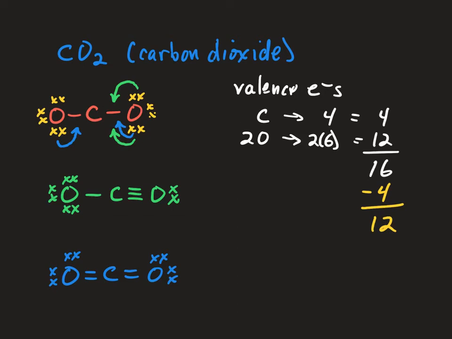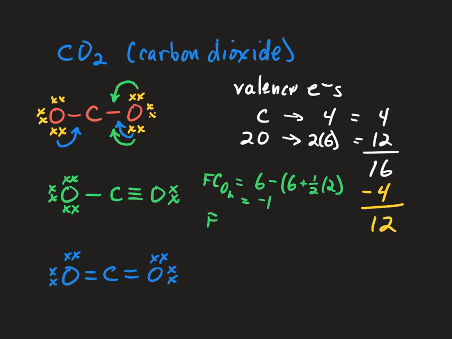It comes down to formal charges on the oxygen, right? So if we look, our formal charge on the oxygen on the left is going to be 6 minus 6 plus half of 2, which is -1 for the left oxygen.